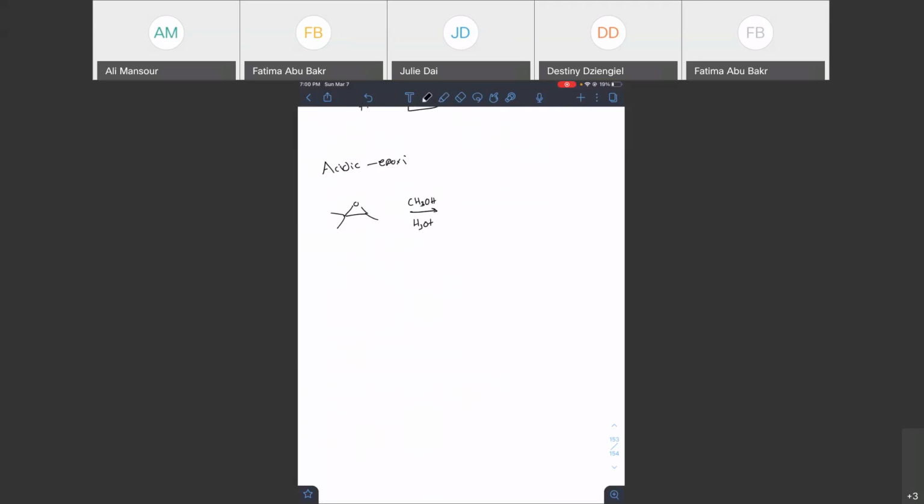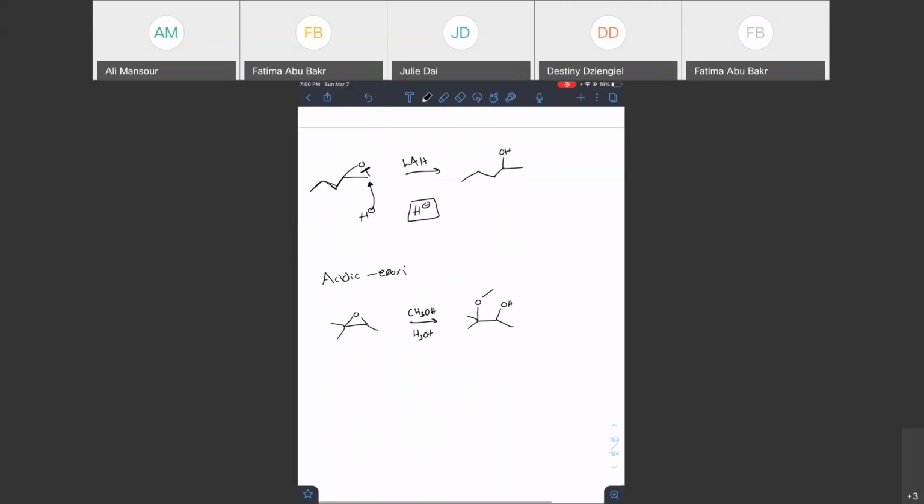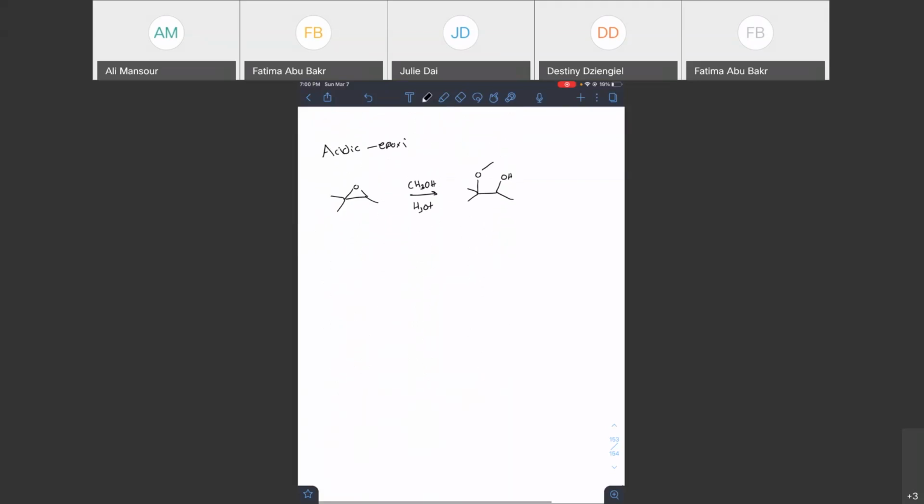So it basically attacks the side with the least hydrogens. The side with the most hydrogens gets the OH, and the side with the least hydrogens gets the attack of this. Maybe it depends on the mechanism. Let's look at that in a second.